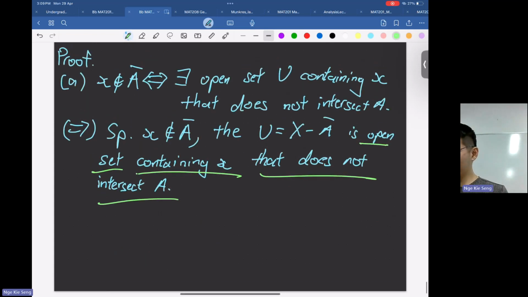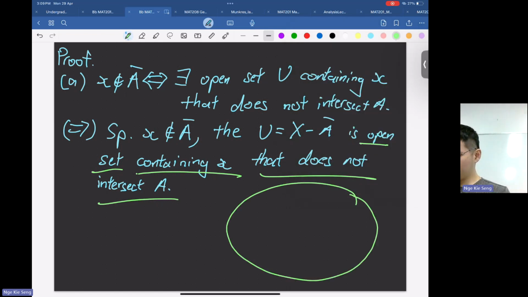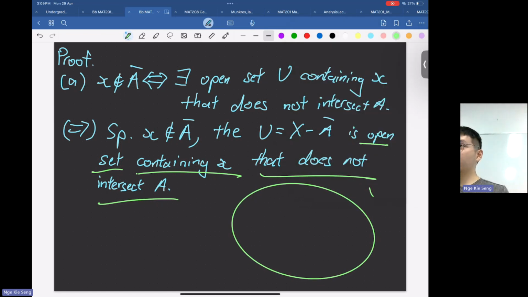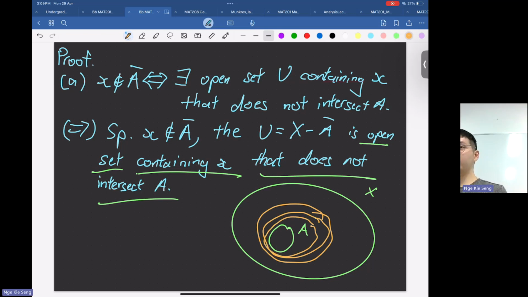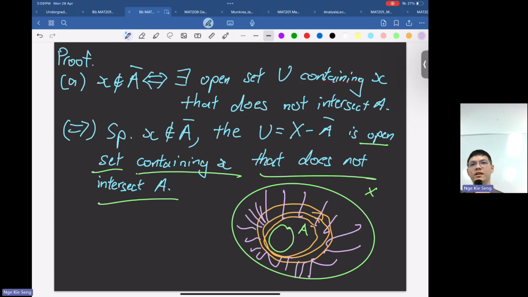You take all the closed sets that contain A, then you take the intersection of them, and then you take the complement of it.